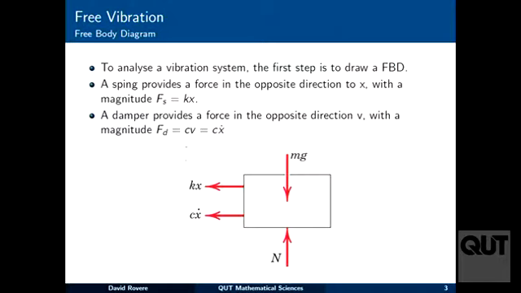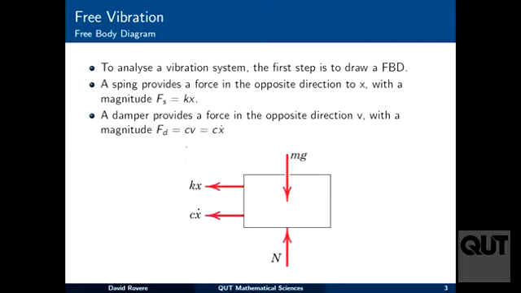Now, the first important step for analysing a vibration problem is to draw a clear free body diagram of the problem. Springs are common elements we're going to see in vibration problems. A spring applies a force with a magnitude of kx in the opposite direction to x.